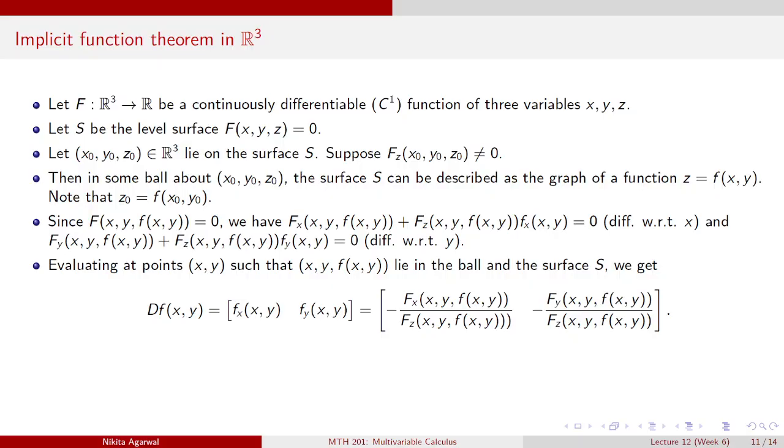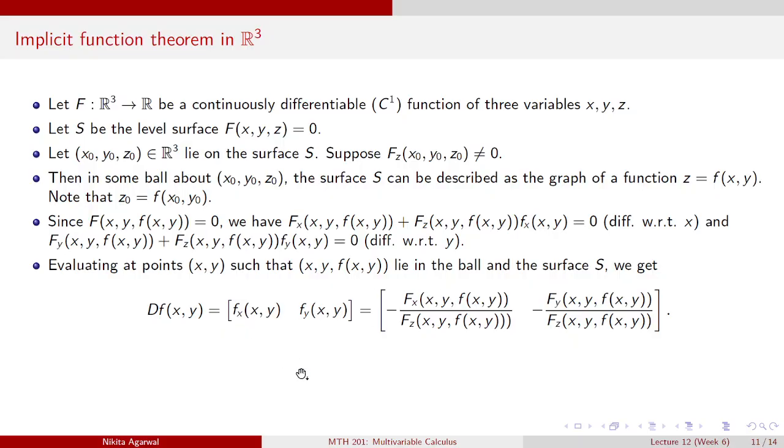So if you put this together, what I'll do is, because F_z is non-zero, here also F_z is non-zero, so you can take out f_x. So f_x would be minus capital F_x divided by F_z.